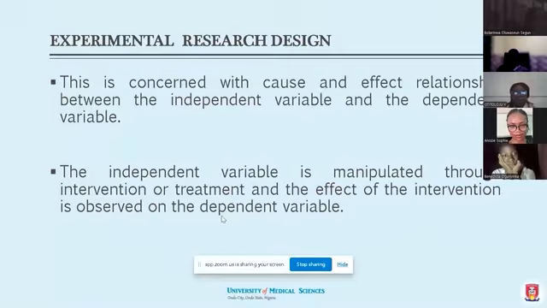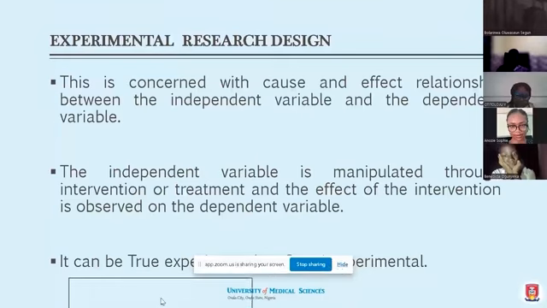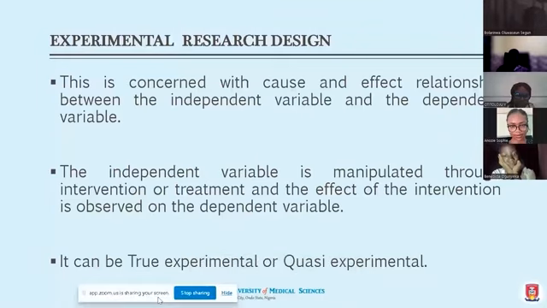Although you may have different types of experimental, that is true or quasi-experimental. So any research topic where your focus is centered around effect, then you should know that you must be able to measure the cause and effect relationship, and that is towards experimental research design.